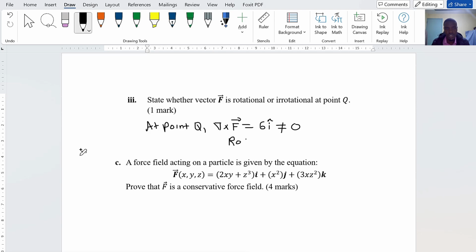Now, if it is not equal to 0, we say it is rotational. Hence rotational. But because you need to understand this, we have already answered our question. If this is equal to 0, then we say irrotational. So since ours is not 0, the correct answer is rotational. This is just for the purpose of notes.